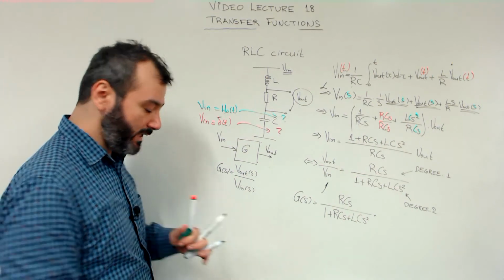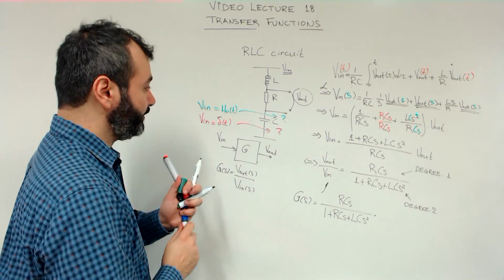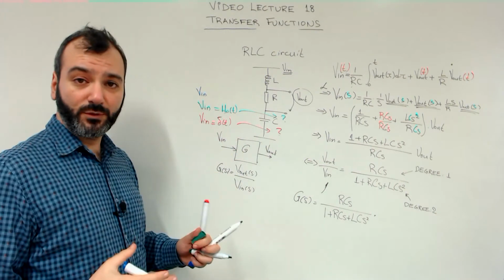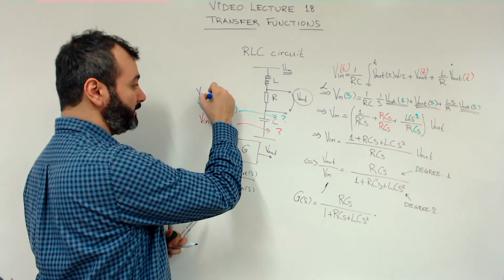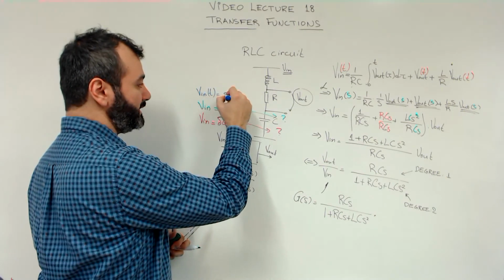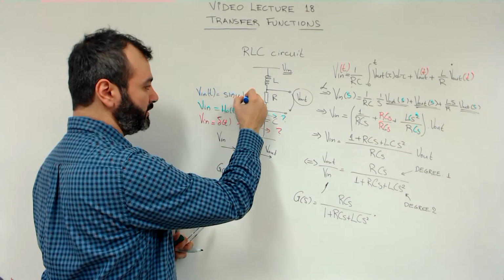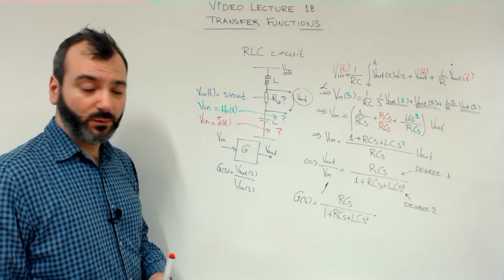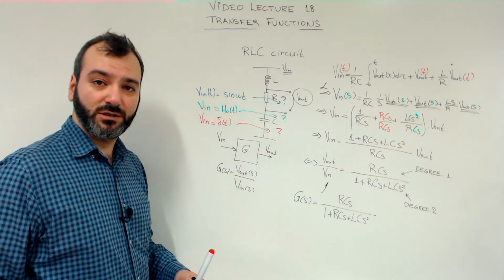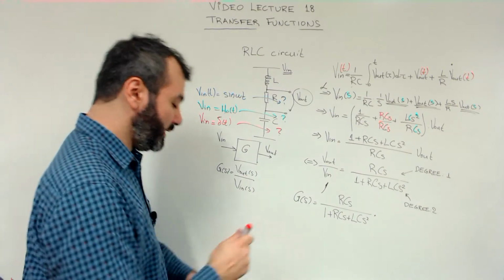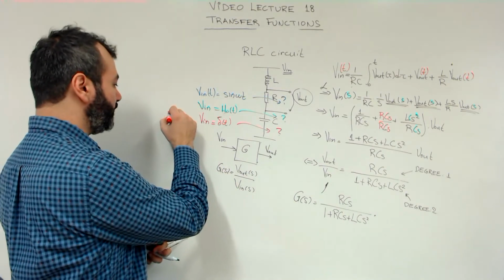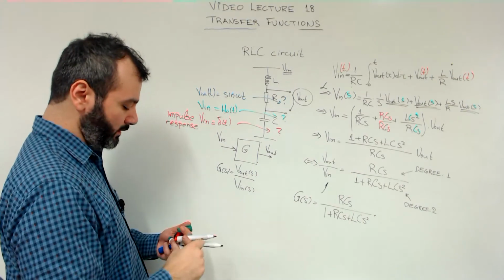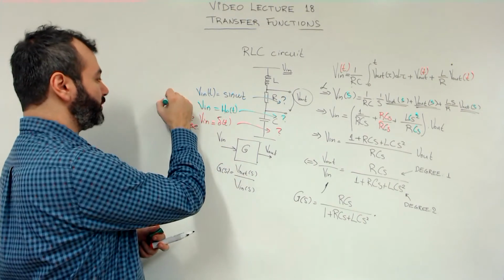And we can also ask what happens if the input signal in the time domain, again, is a sine function. We can again ask what is the output. And these three questions have names. The first one is called the impulse response of the system. The second one is the step response.